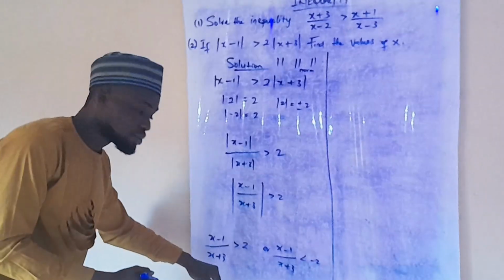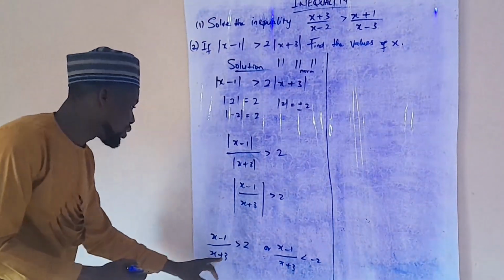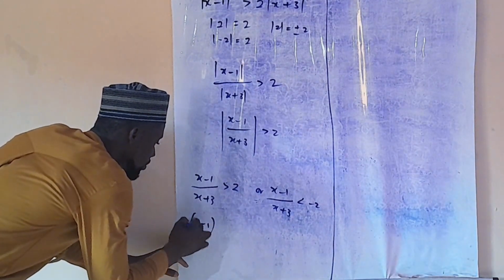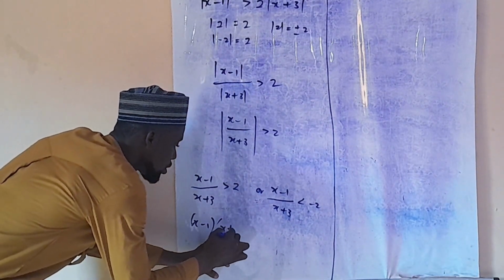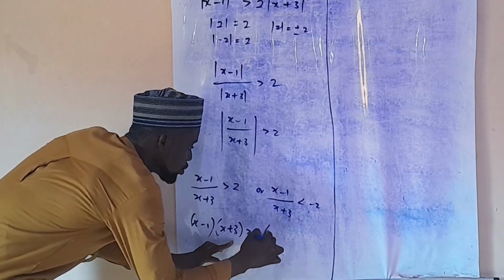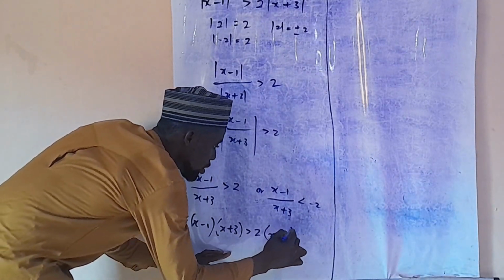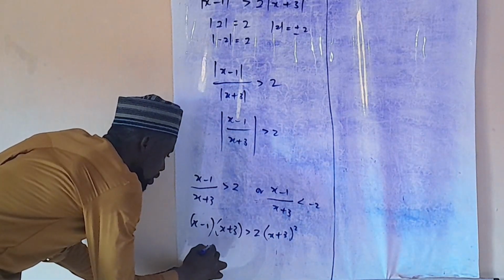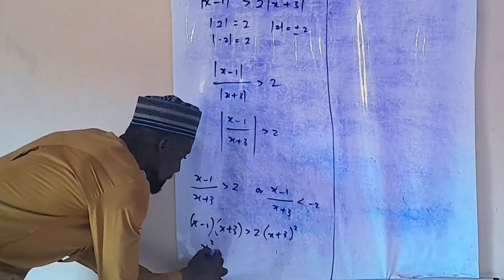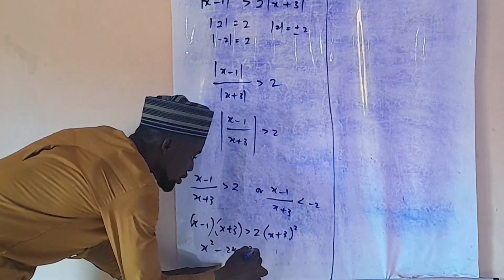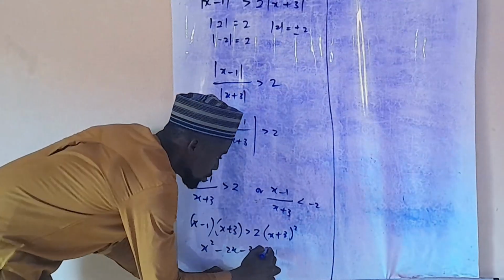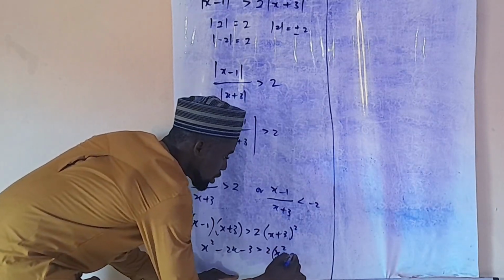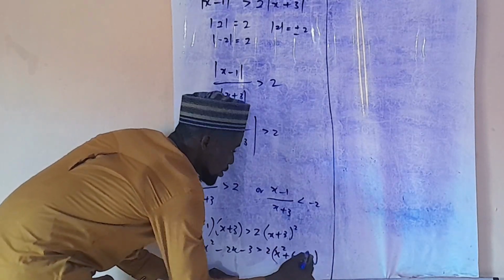So, solving on, for both equations, let me start with the first one. I will multiply both sides by the square of x plus 3, which becomes x minus 1 into x plus 3 on the left, greater than 2 into x plus 3 squared. Expanding, I would have x squared plus 3x minus x minus 3, greater than 2 into x squared plus 6x plus 9.